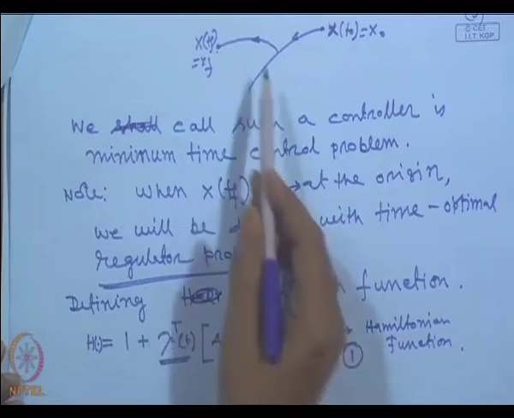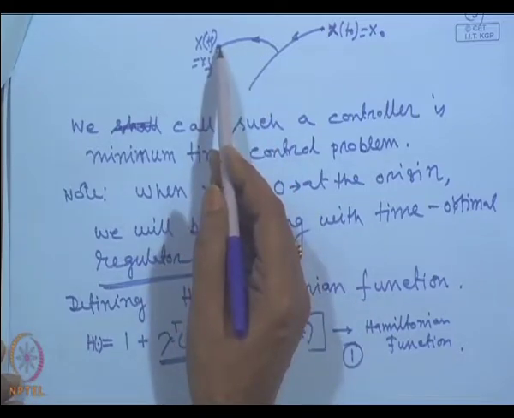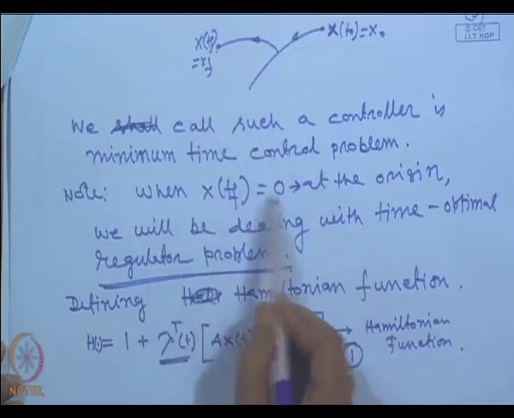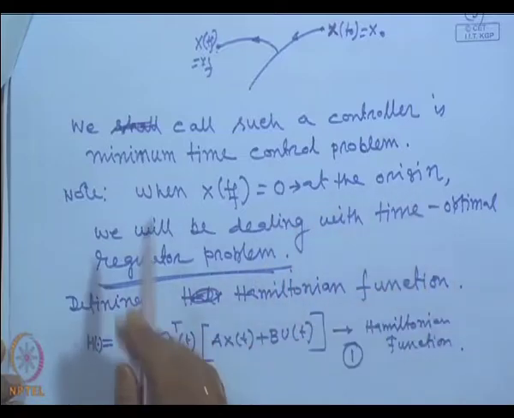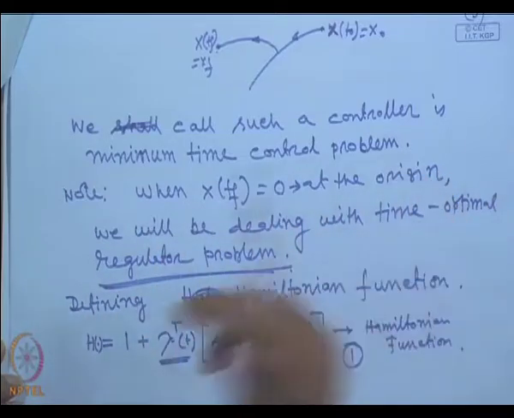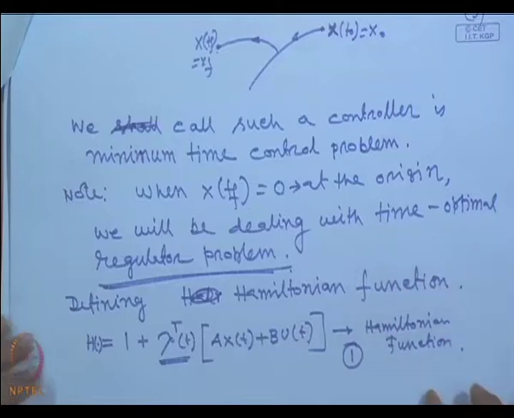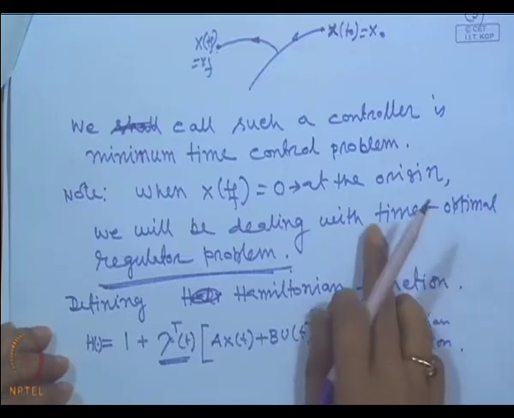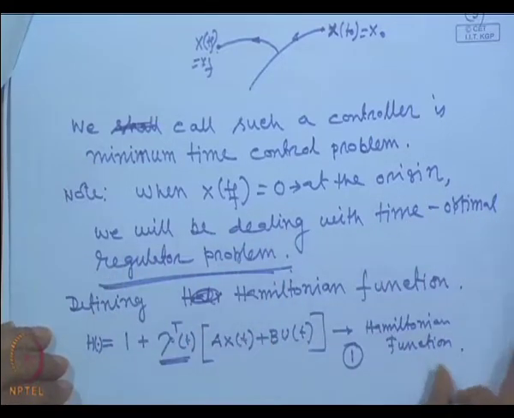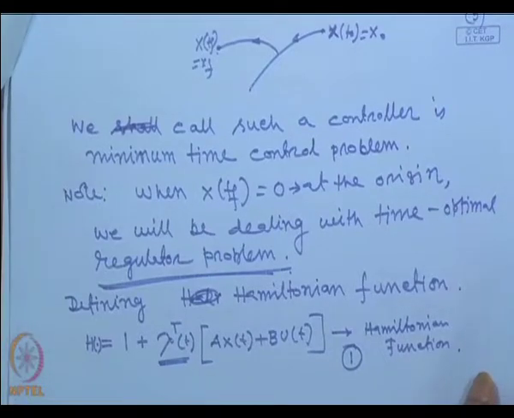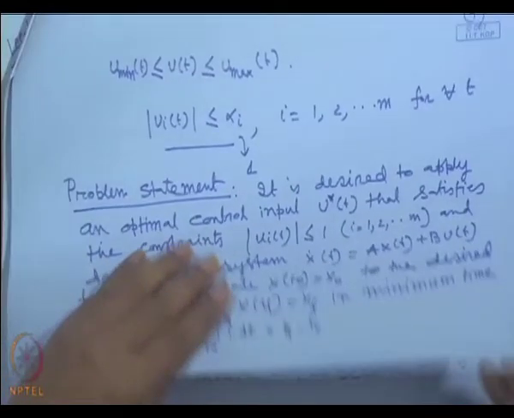When our terminal state or final state is 0, at the origin, we want to drive the initial state to the origin, then the problem is called the time optimal regulator problem. This was our problem statement, and we showed last class how to approach it using the Pontryagin minimum principle.